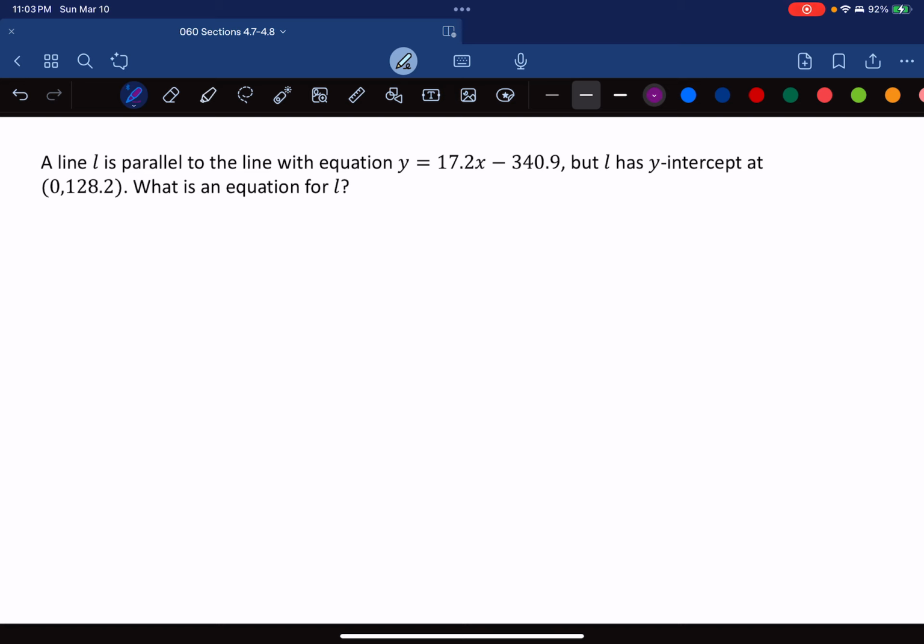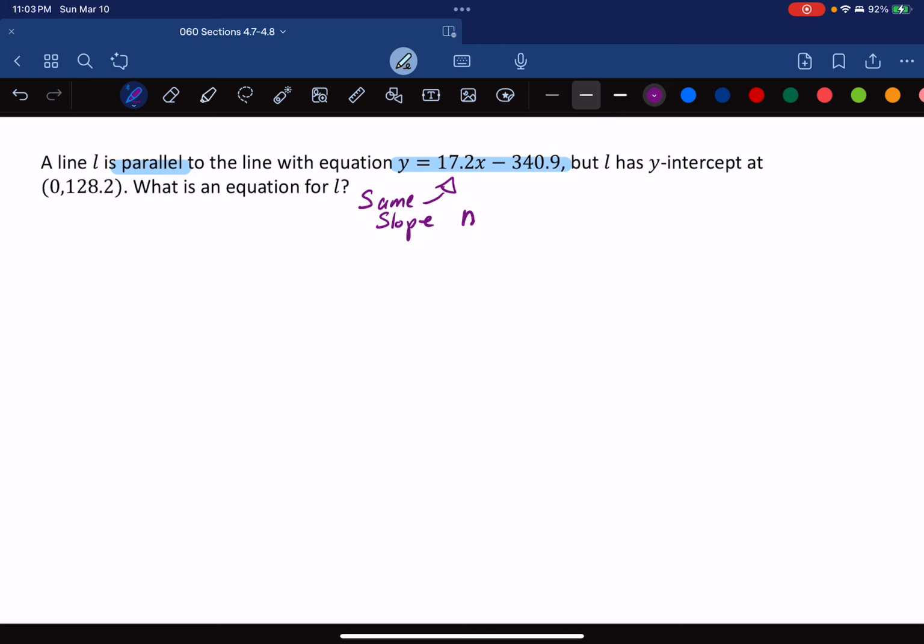Well, we are told that line L is parallel to the line given to us. That's helpful because since they are parallel, we know that the slope in the given equation is also the slope for line L. They're going to have the same slope.